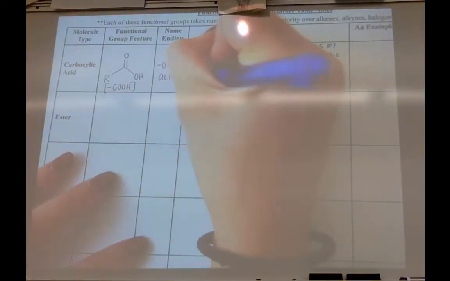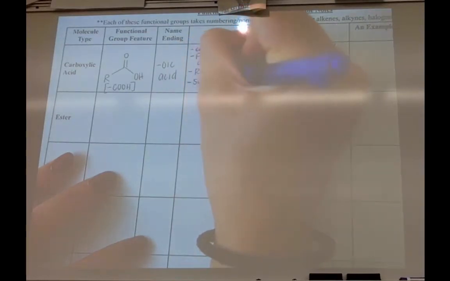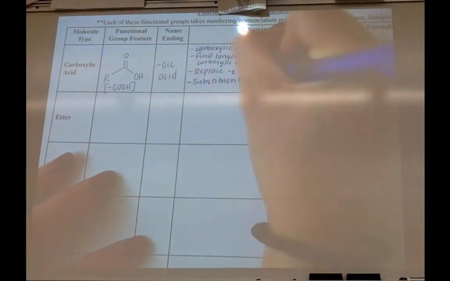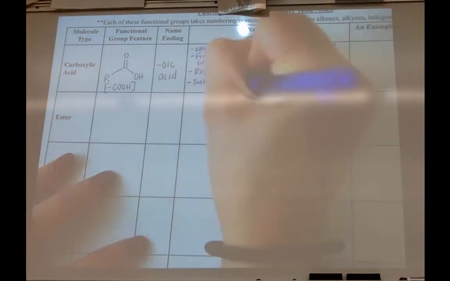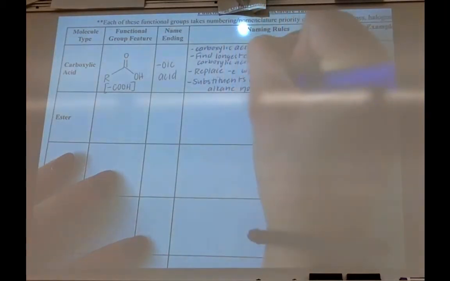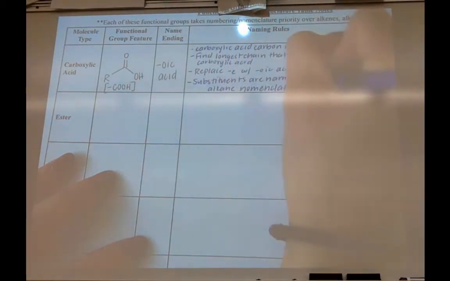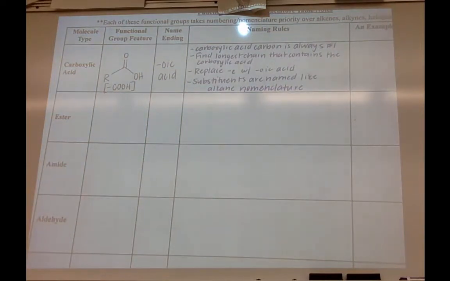And then any substituents are named like alkane nomenclature. So any substituents will be named just like alkane nomenclature. You want to make sure your substituents are numbered correctly. You're alphabetizing them, not putting them in numeric order. It's all going to go back to the alkane nomenclature that we started with.